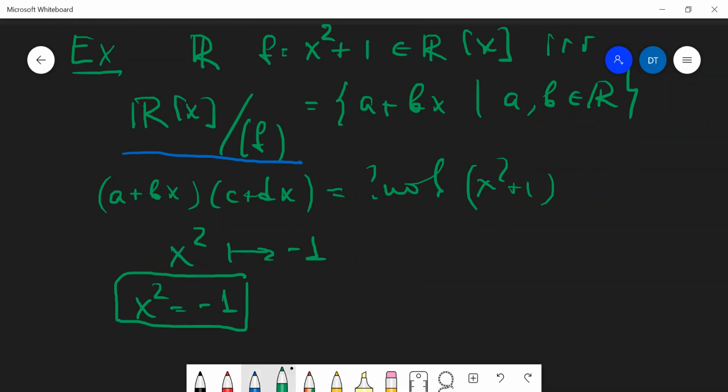But now you see, if you replace the symbol x by the symbol i, you will get exactly the definition of the complex numbers you've seen during the course of linear algebra or calculus or any other course. So just by definition, the field of complex numbers is produced using this exact procedure. And we will use the same procedure to produce a finite field, starting with Z_p here instead of R.